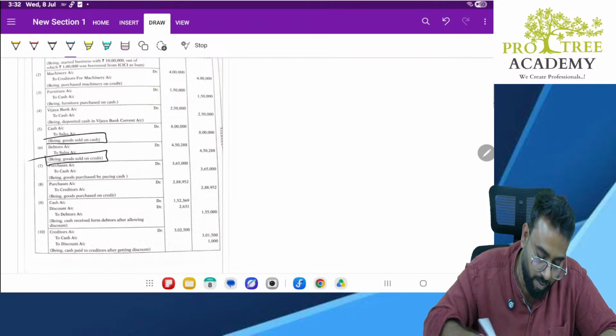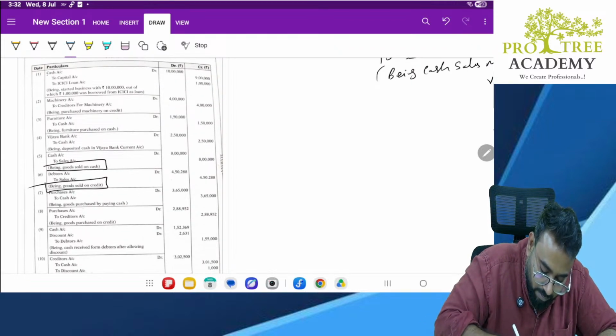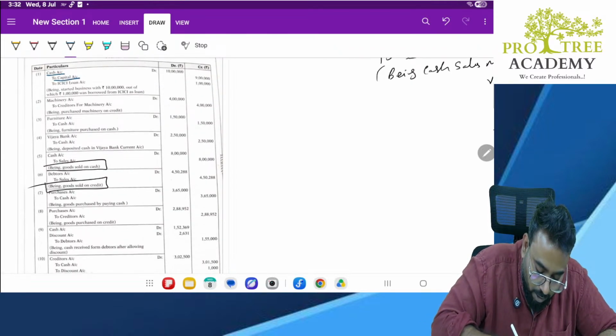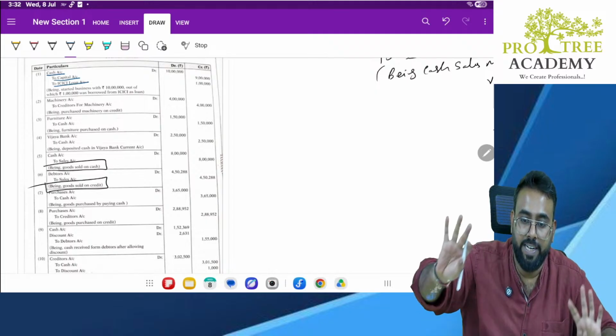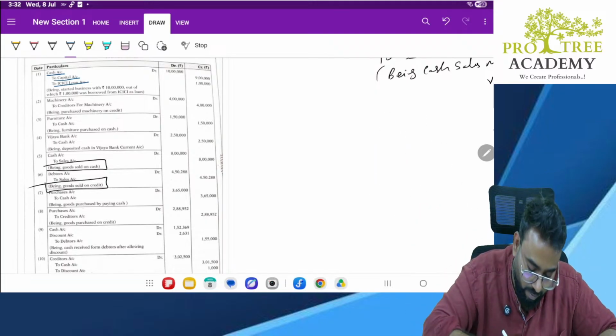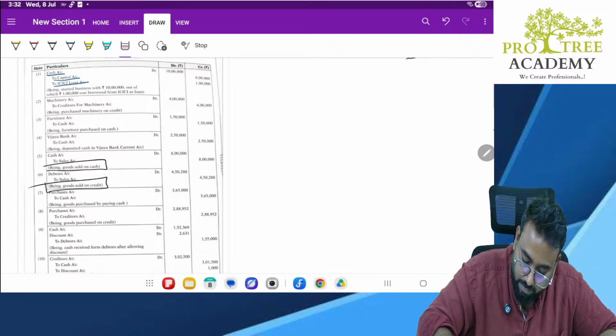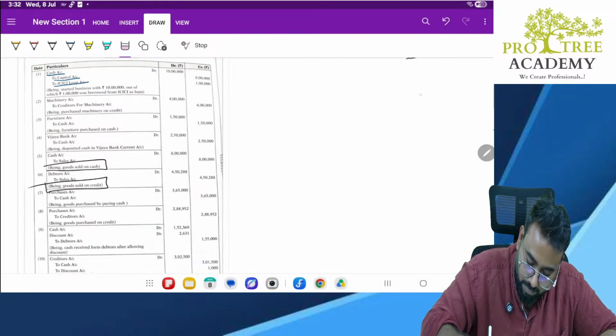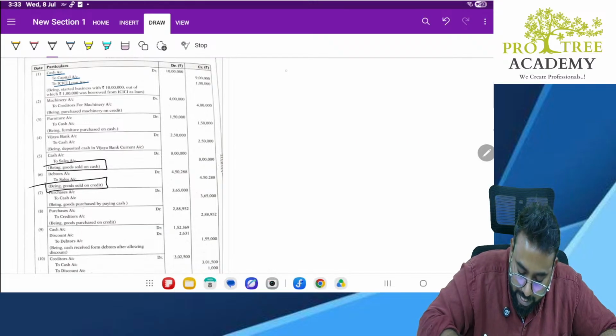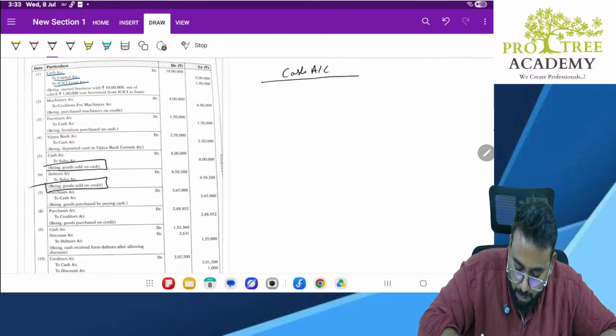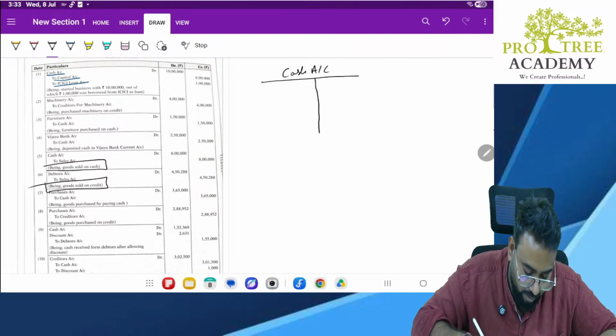Yes. Now, let's take the first example. Cash account debit to capital account to ICICI loan. We will open 3 accounts now. Shall we open cash account?